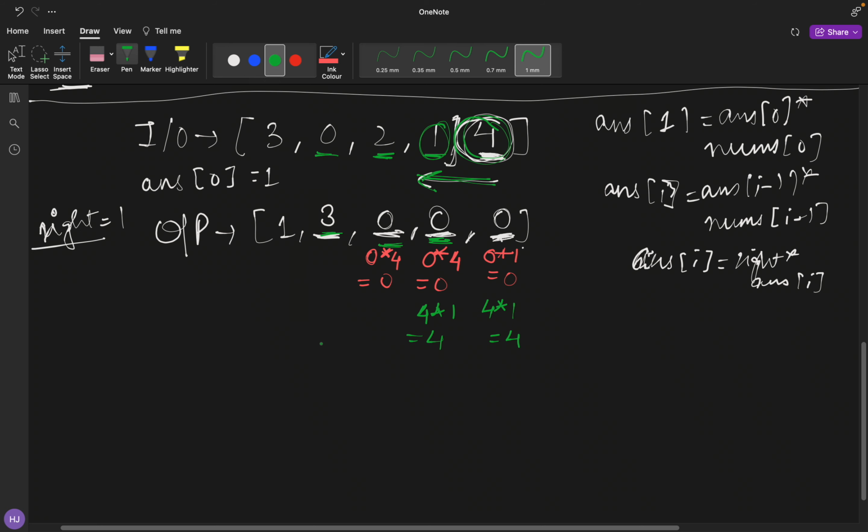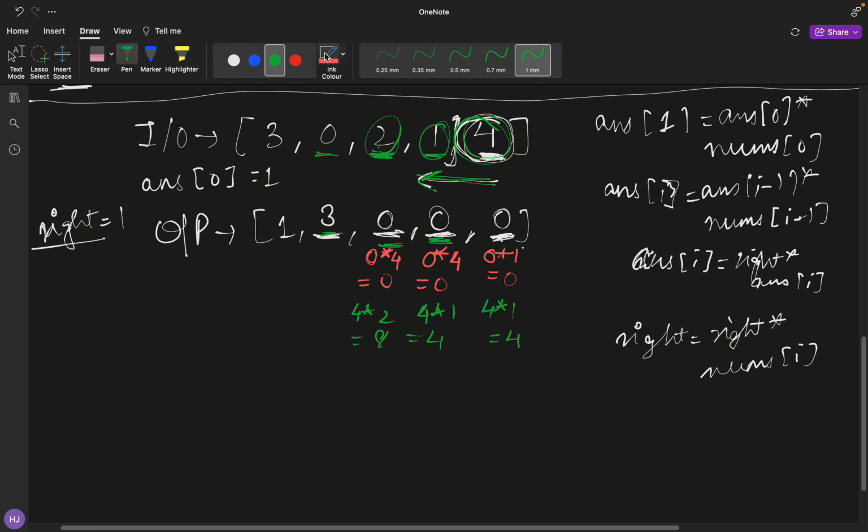And now calculating the value of right, it's 4 into 2, and basically I'm multiplying my right with this. So my right is equal to right into nums of I. So it would turn out to be 8.